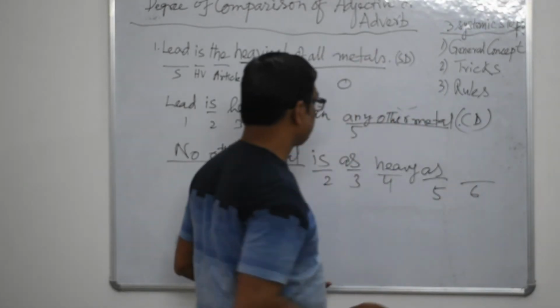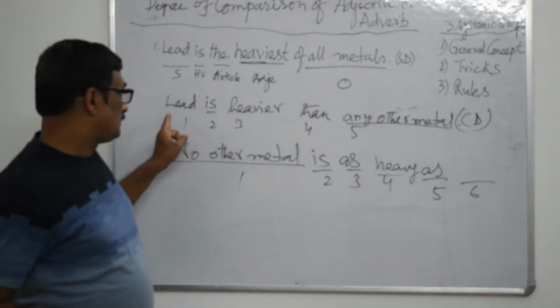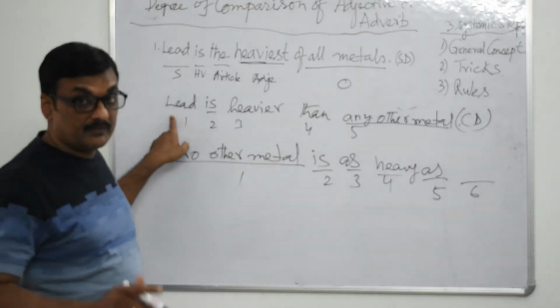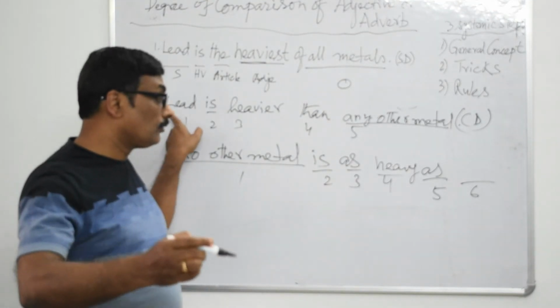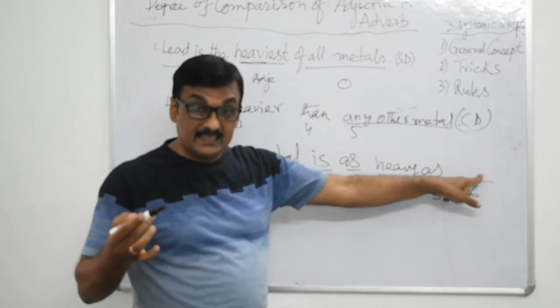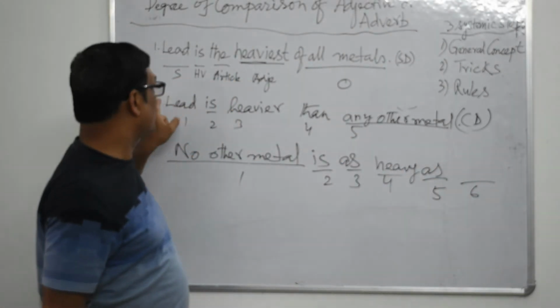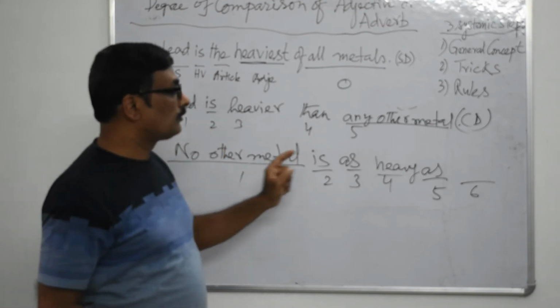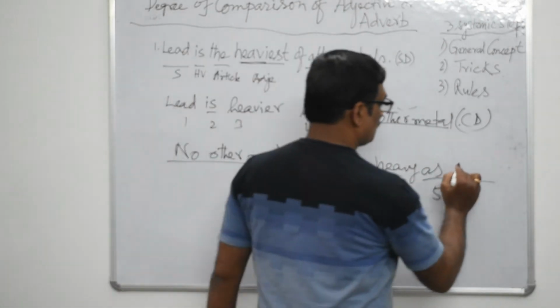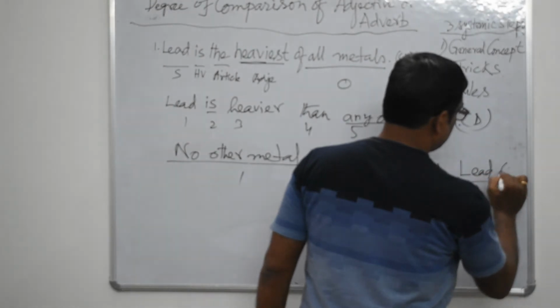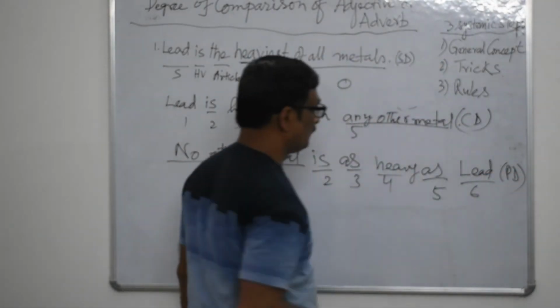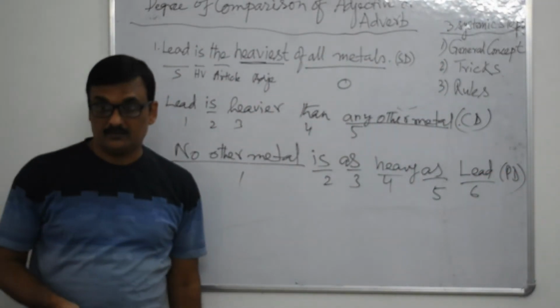Number 6 is the subject of comparative and superlative degree, which will go to the place of object in positive degree. So lead is the subject of comparative and superlative degree. This will go to the place of object, that is lead. It is positive degree.